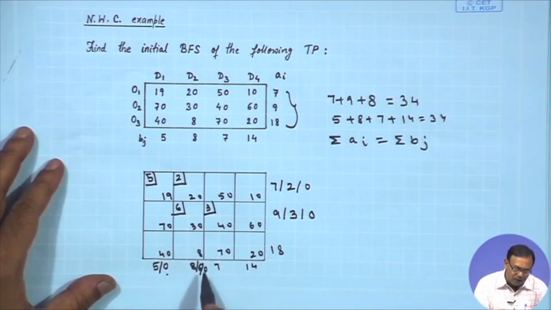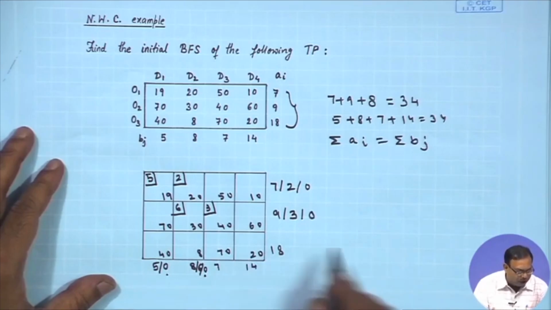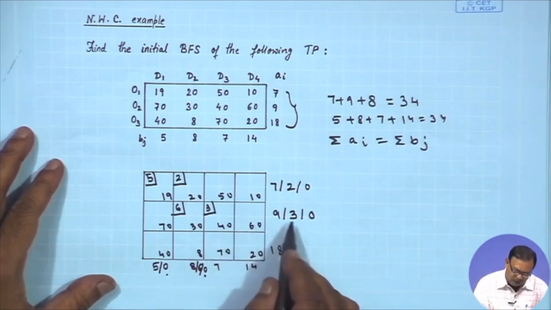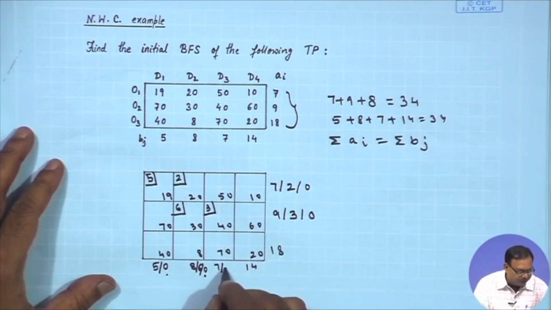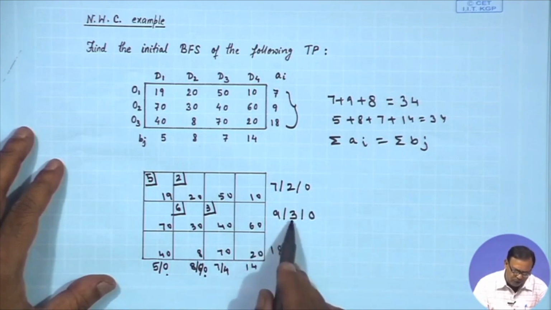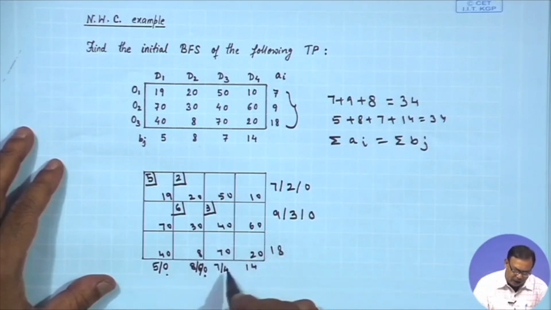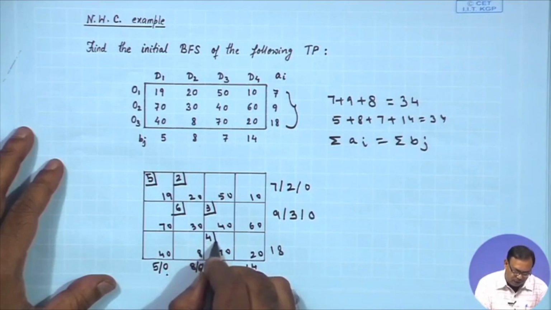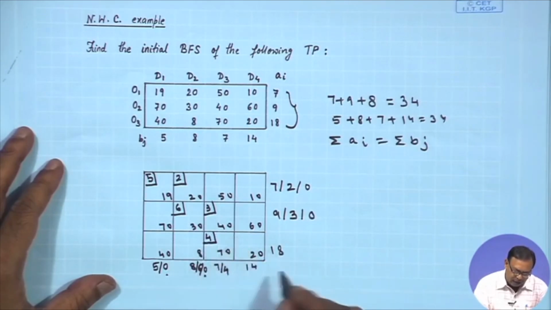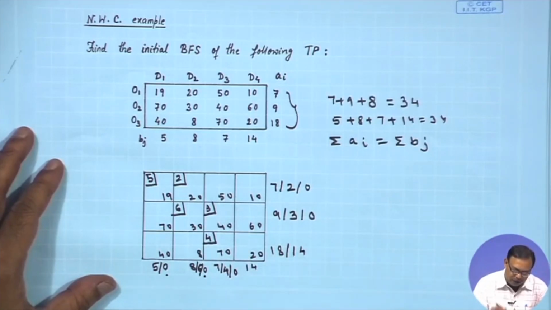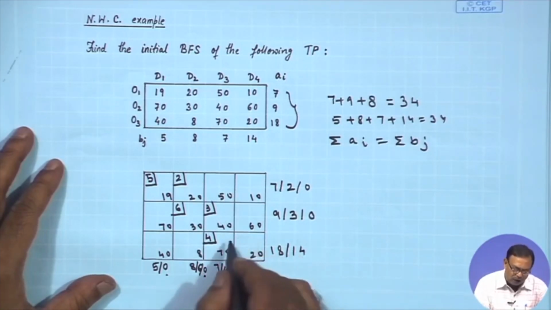Here it was 7, and whenever I have given from here, it will be 4. So, when I am meeting this one, 4 and 18, you can allocate 4 at this position and the remaining, this becomes 0, this 18 becomes 14, only one cell left.